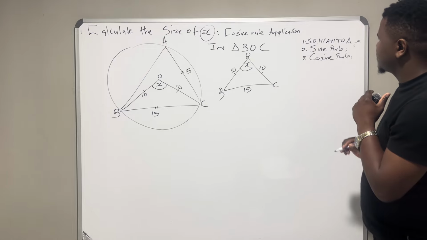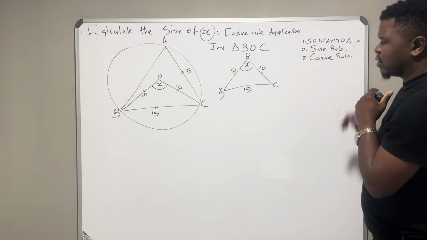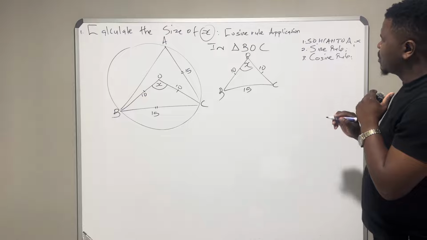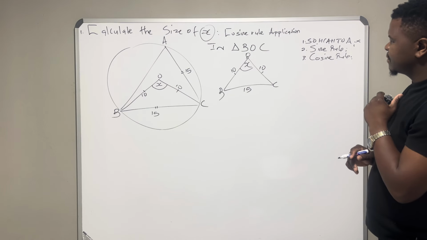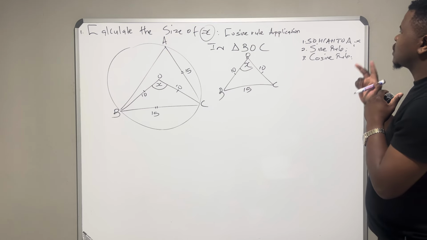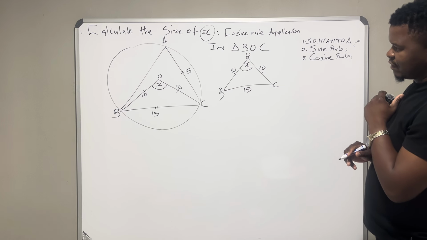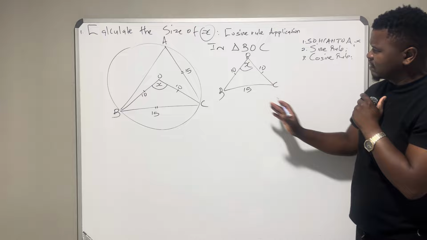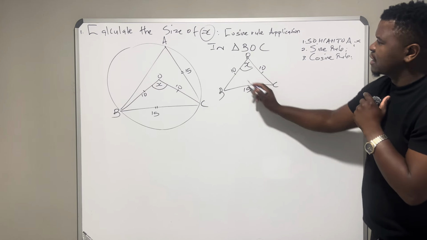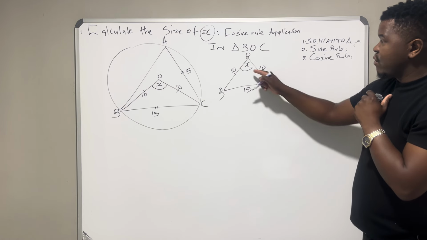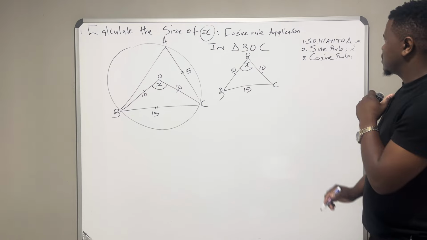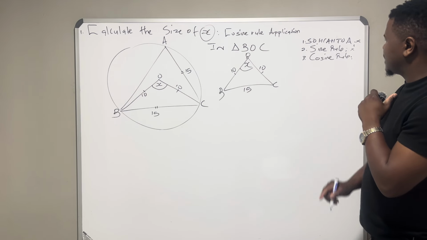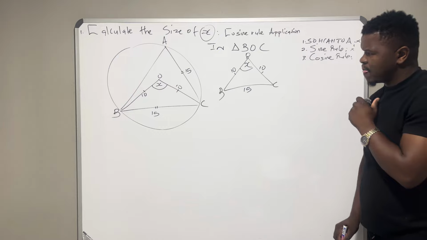Sine rule. What do we use sine rule for? We use sine rule if we have two sides and one angle, or if we've got two angles and one side. But here is a different story. I've got three sides and one unknown angle. So definitely I cannot use sine rule. So definitely I have to use cosine rule.